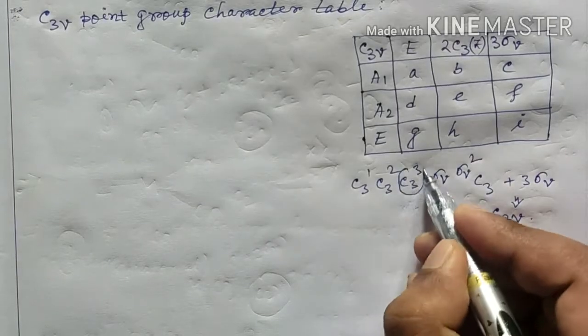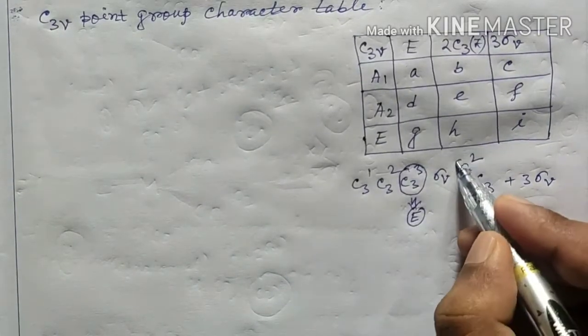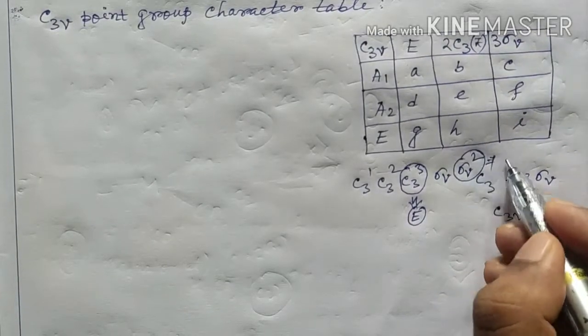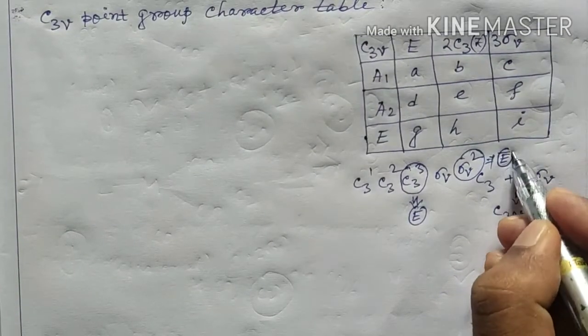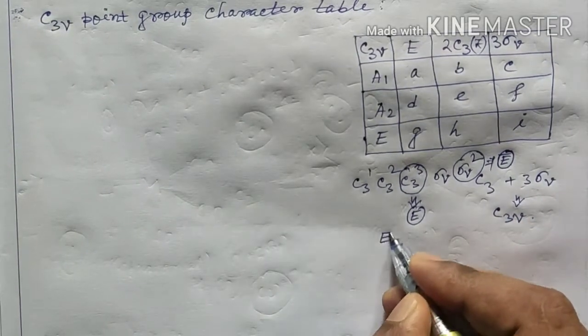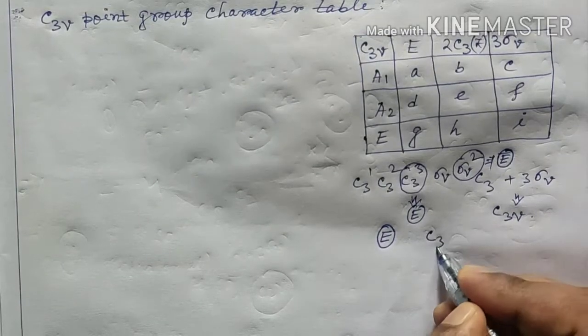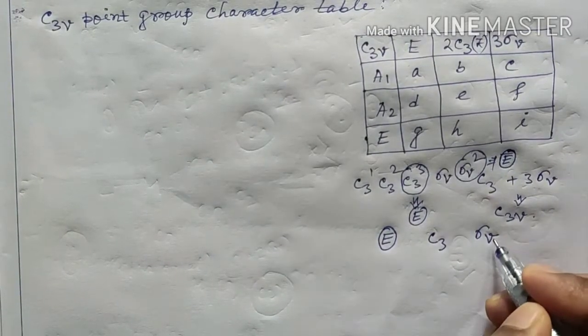This C3^3 is equal to the identity operation E, and this sigma V2 is also the identity operation E. That means there will be three types of symmetry operations: one is E, another is C3 and another is sigma V.